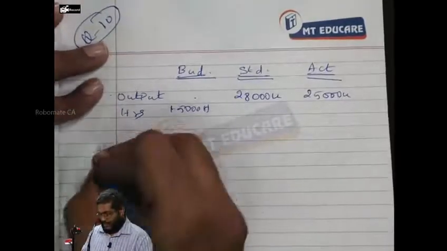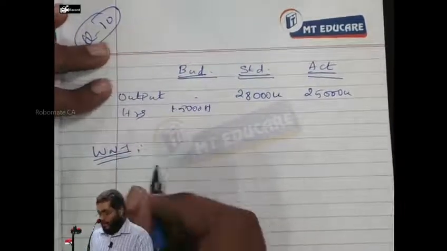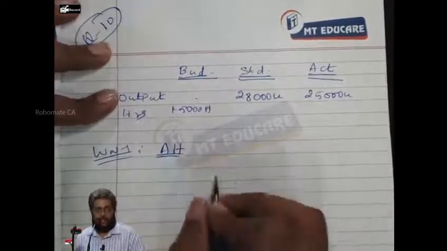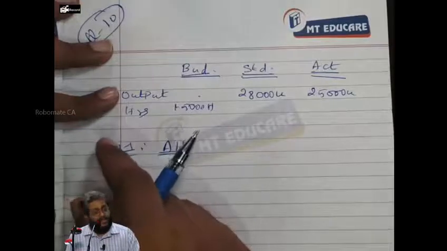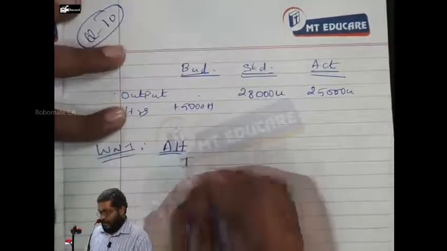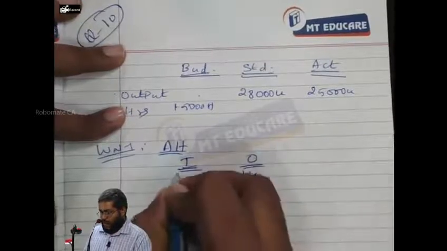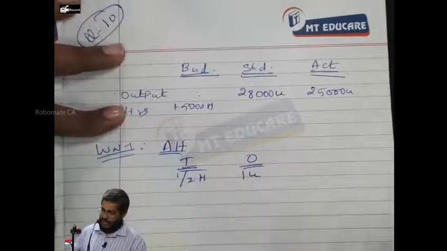Now, next. Working note number 1. I am going to find out actual hours. What is standard output for actual hours? Input, output: 1 unit, how many hours allowed? 0.5 hours, half an hour. Exactly.